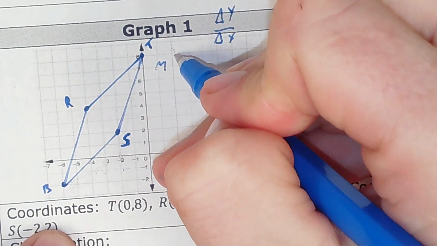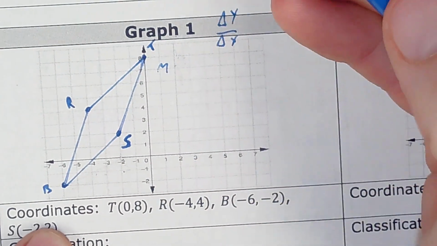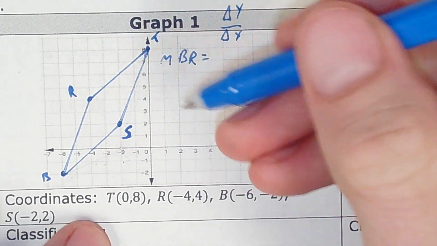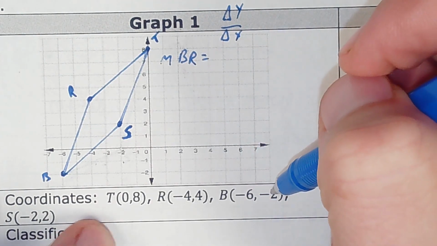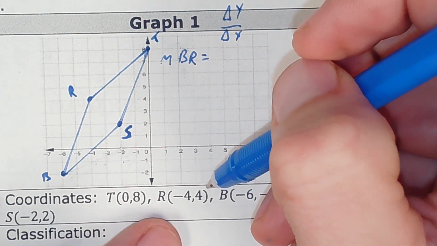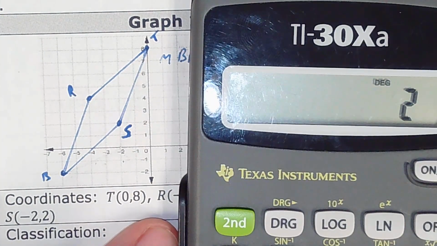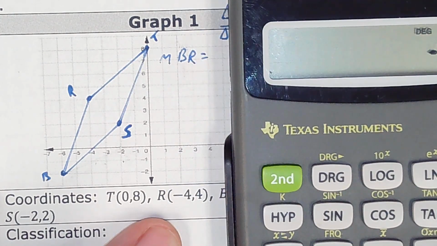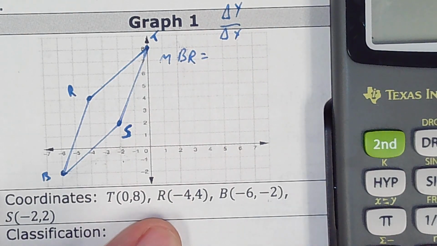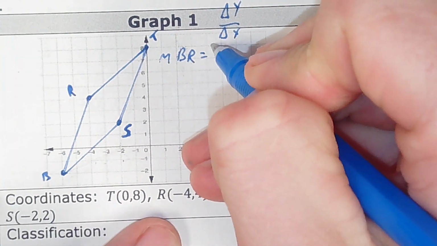So the slope of BR: my change in y is B's y, -2, minus R's y, 4, which equals -6. So my change in y is going to be -6.